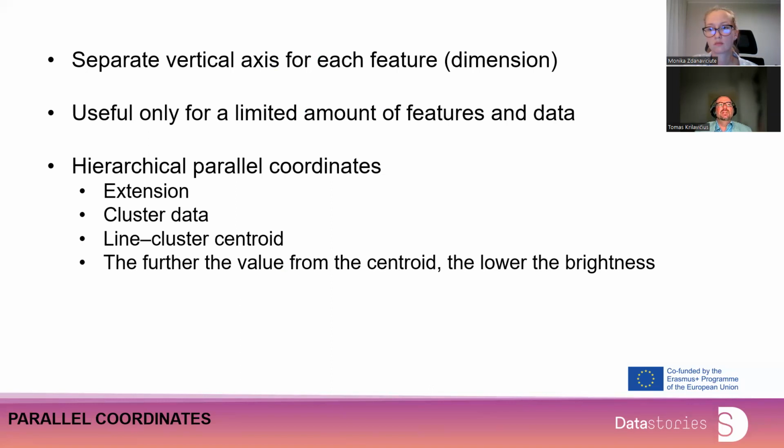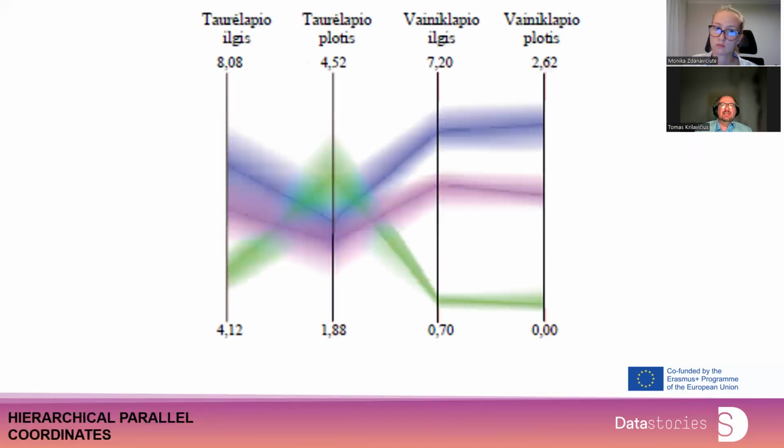You can do hierarchical parallel coordinates where you cluster the data, then you use a line connecting values as the cluster centroid, and the further the value from the centroid, the lower is the brightness, like in this case. As you can see, it gives a better view of the distribution of these features of different irises.